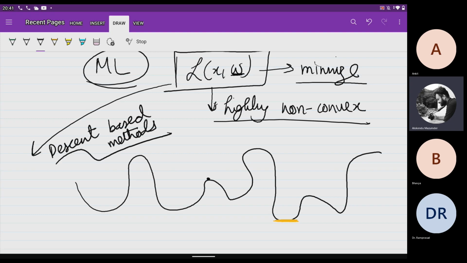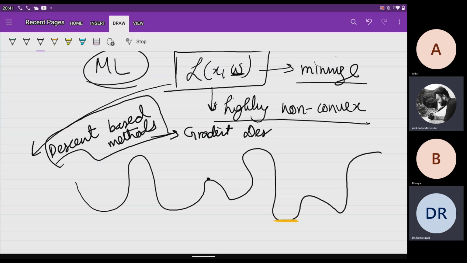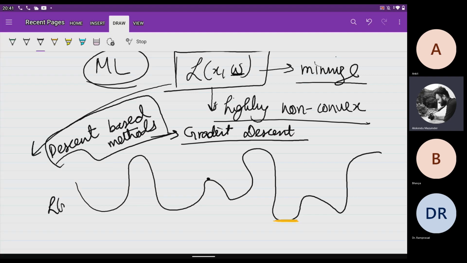We won't go into the depth of descent based methods. Have you heard about gradient descent? Yes. In gradient descent, you initialize somewhere on this loss curve and you tend to move towards the minima, or towards where the slope is decreasing.